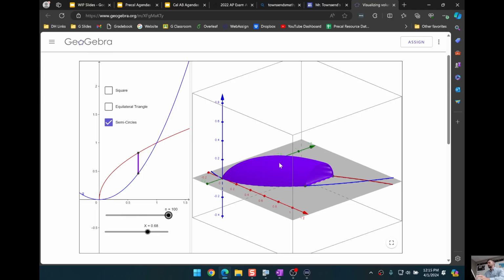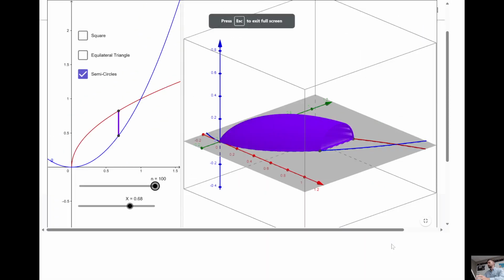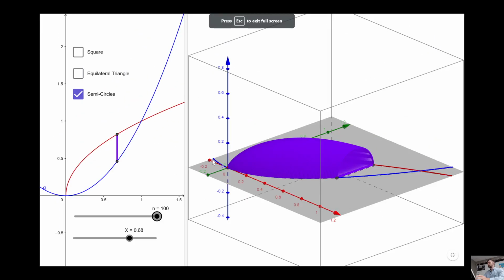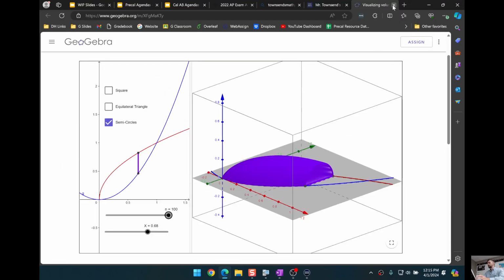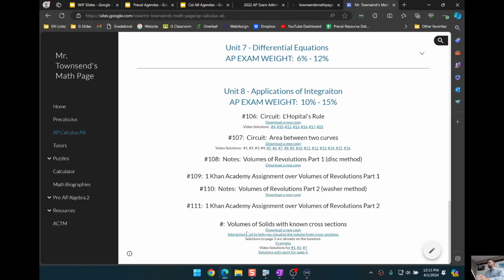A little more curvature instead of straight. So if you're like me and these are kind of hard to visualize, I linked this little internet tool on our class website. If you're trying to wrap your brain around what we're trying to find as we do this, that is an option.